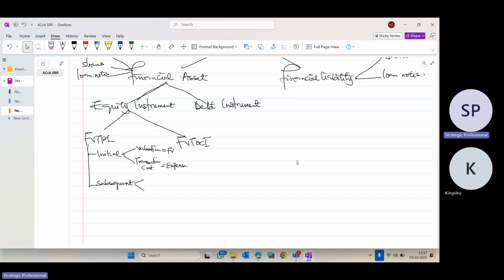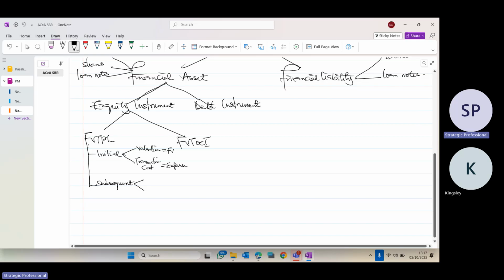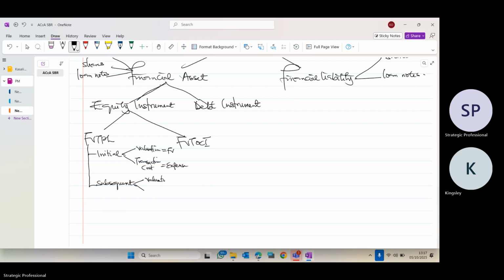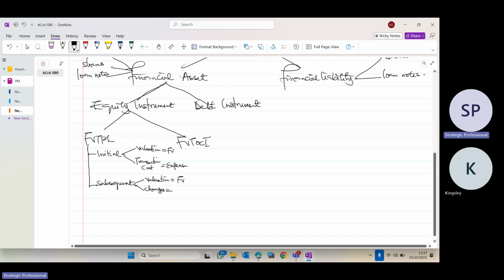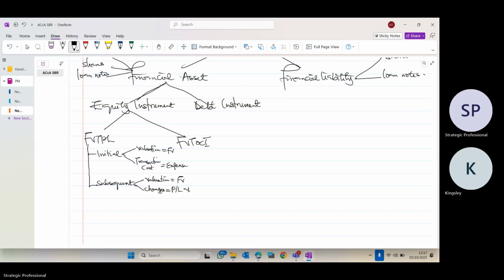I hope that is taken. Also, for subsequent measurements, the valuation will be at the fair value, and any changes go to our P or L account.